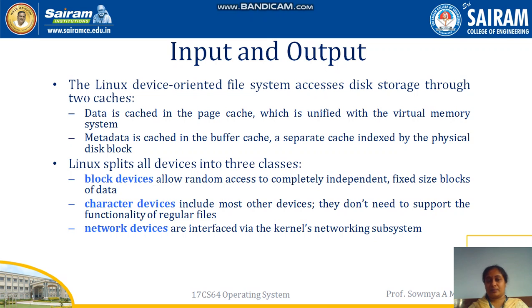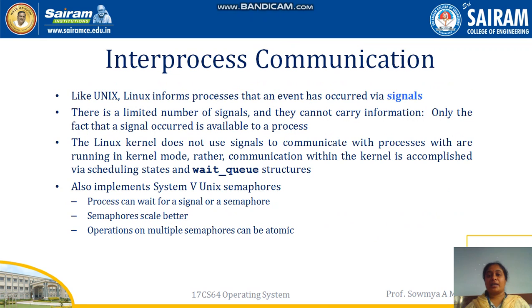Linux splits all devices into three classes: block device, character device and network device. A block device allows random access to completely independent, fixed-size blocks of data. Character devices include most other devices. They don't need to support the functionalities of regular files. Network devices are interfaced via the kernel networking subsystem.